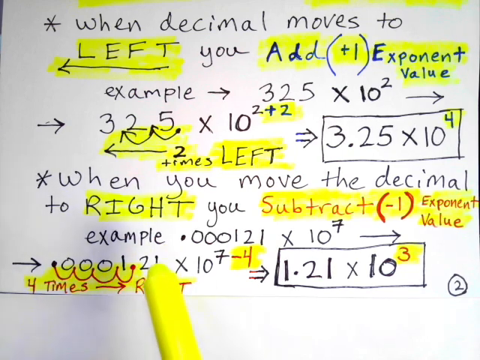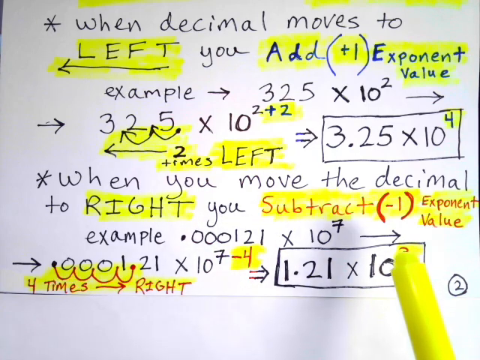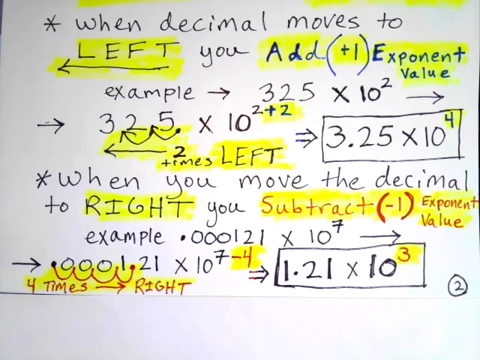So that's 1, 2, 3, 4 times to the right. The rule is you subtract 4 from the exponential value. My new scientific notation number is 1.21 times 10 to the 7 minus 4 is 3, to the third power.